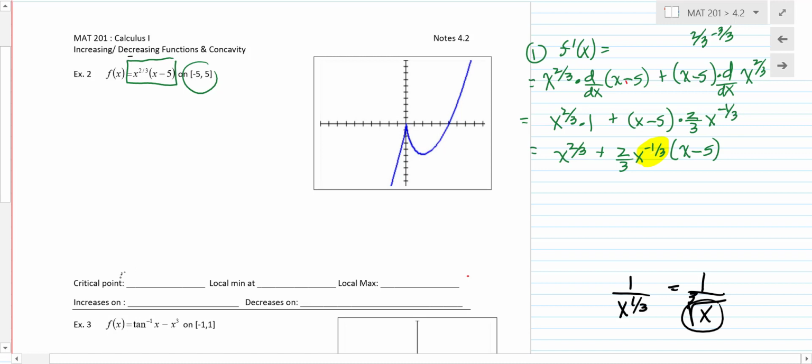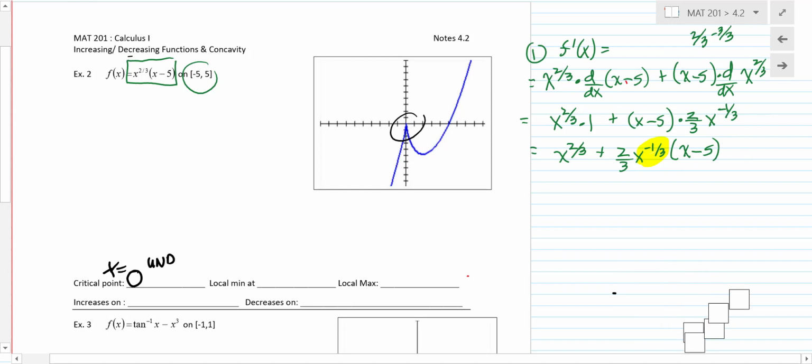Okay, so you definitely have a critical point at x equals 0. And again, that's where the derivative is undefined. If you look at my graph, what do you notice at 0? Sharp point, cusp. Okay, so the derivative doesn't exist there. So we got that. Don't forget that. That's an easy one to overlook. So we are undefined there.